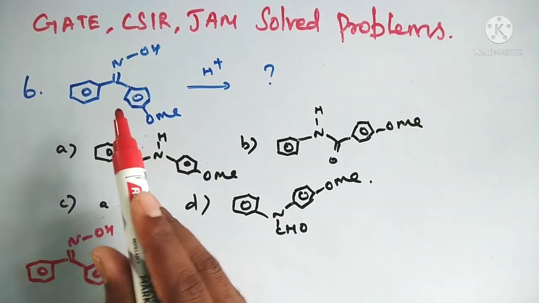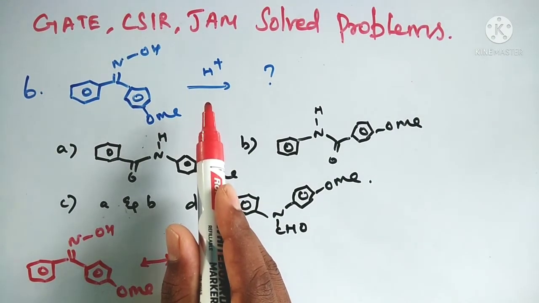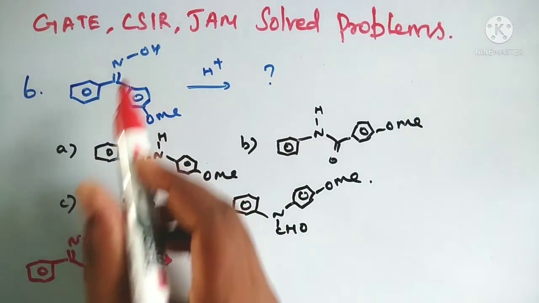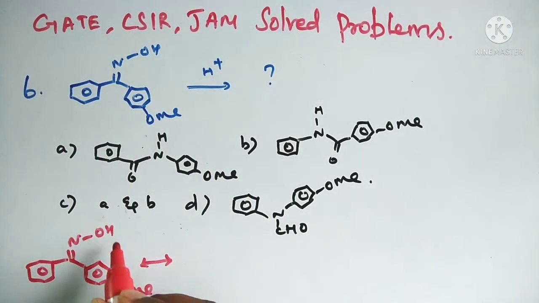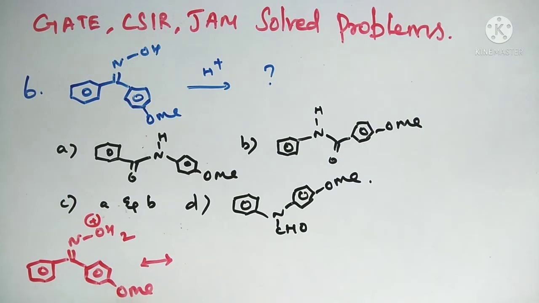This question is oxime presence of acid. What is this rearrangement? This is Beckmann rearrangement. The first step is protonation of hydroxyl group to form the oxonium ion. Now the next step is a rearrangement step, but in this case the interconversion is faster than the rearrangement.